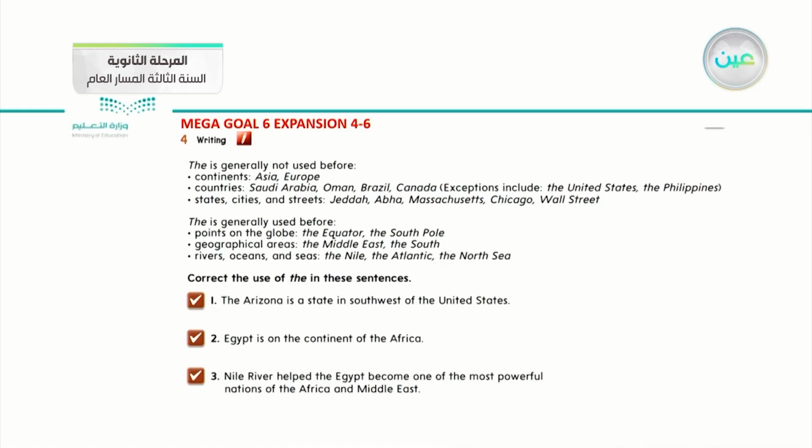Geographical areas, as the Middle East, the South, and so on. And the third point: rivers, oceans, and seas, the Nile, the Atlantic, and the North Sea. Also, with a desert such as Sahara Desert, we can't use the article "the" with it. Some exceptions to these things.